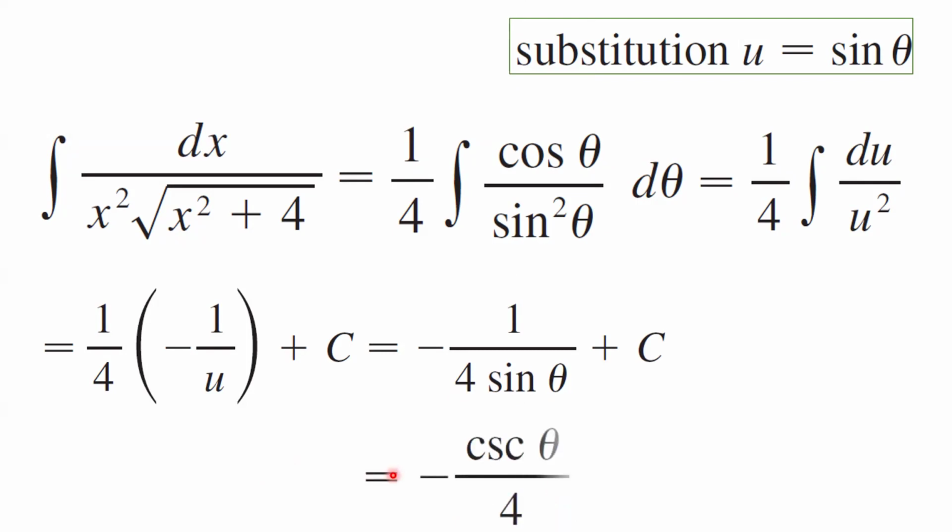In other terms, you can write this as negative cosecant theta divided by 4 plus c. We're not done yet because our original integral is in x, but you end up with theta here. So we need to go back to our right triangle and substitute everything back in the form of x.